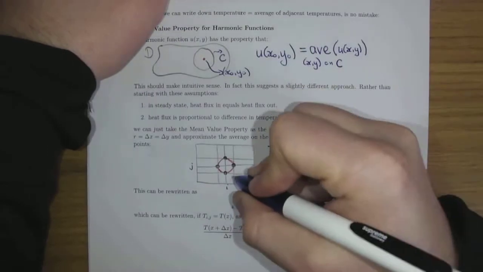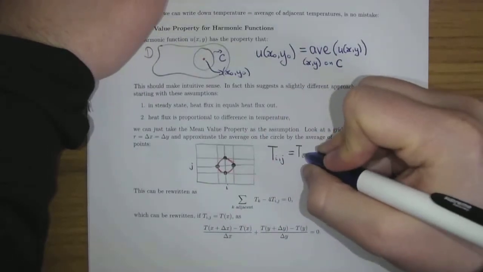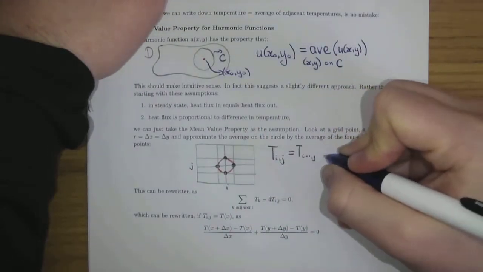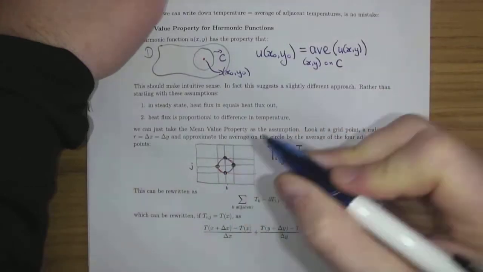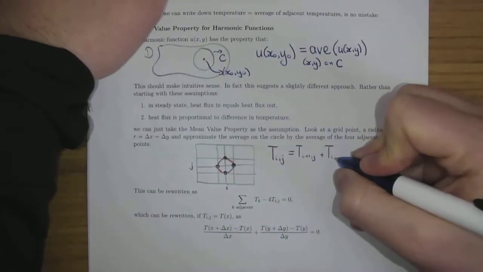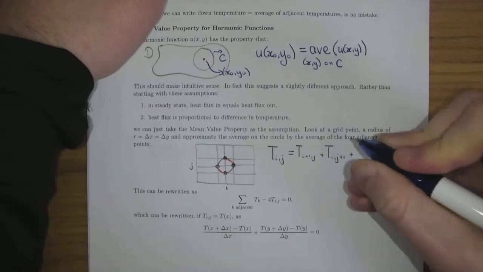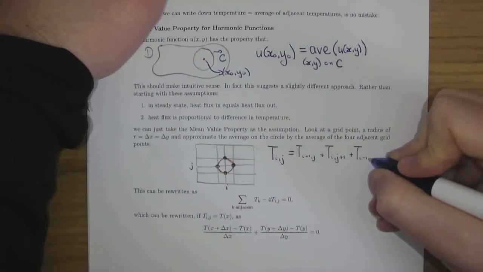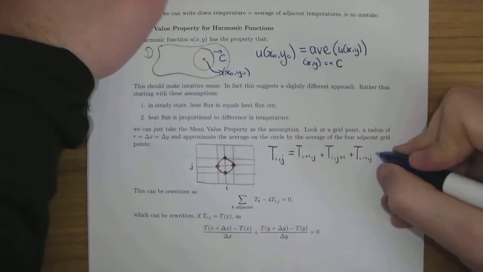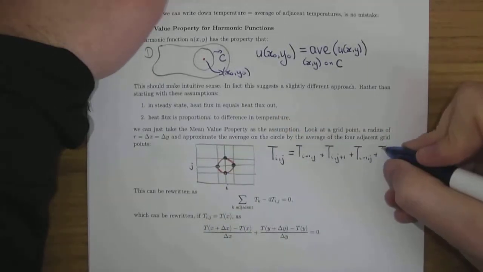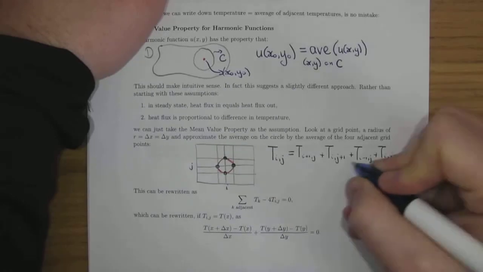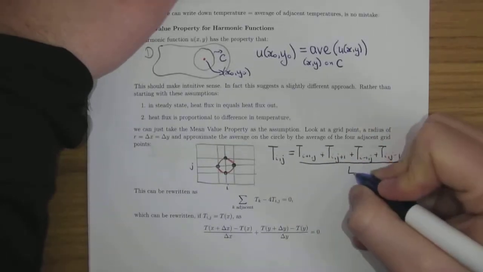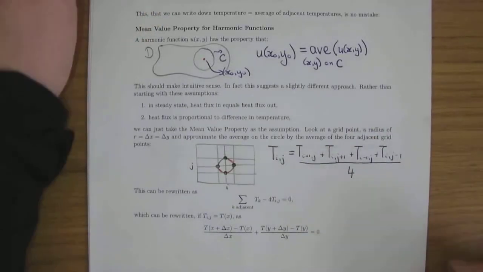So this one over here is plus 1 in the x sense. This one up here is plus 1 in the j sense, which is the y sense. This one here is back 1 along the x. And this one here is down 1 along the y. And average these out. And this really should be an approximation now.